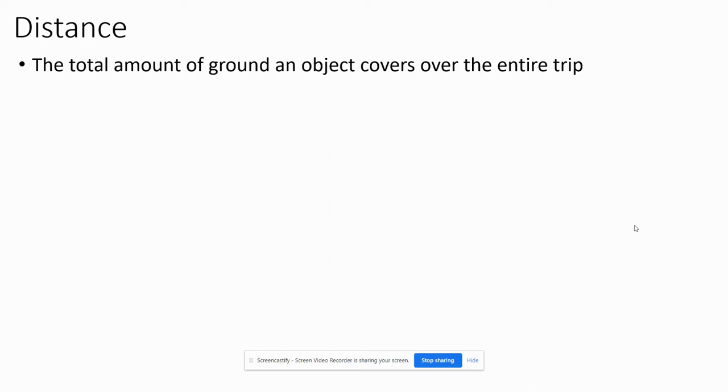So whatever ground I cover. And it cannot be a negative value. I can drive in a complete circle and come back to where I started, and even though I changed direction at times, distance can't be negative. We don't ever count it as a negative when we come back the other way. We just add it all together.